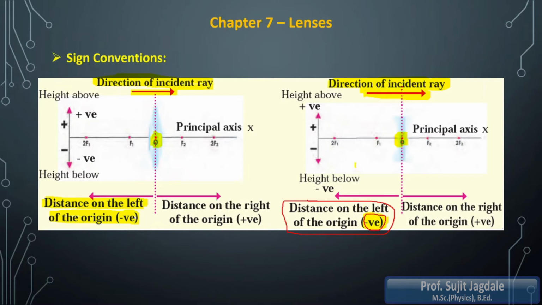Now we know that, always, we are keeping the object to the left side, because we have to show the incident ray from the left to the right. So in order for the incident ray to travel in that particular direction, we have to keep the object to the left hand side.